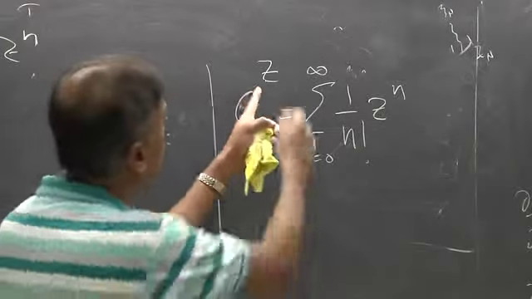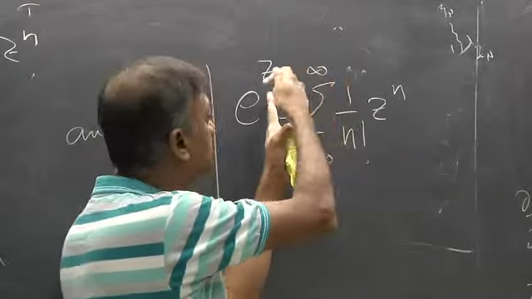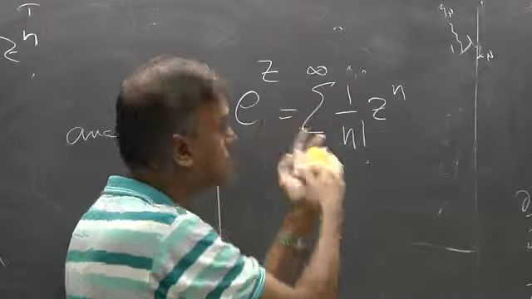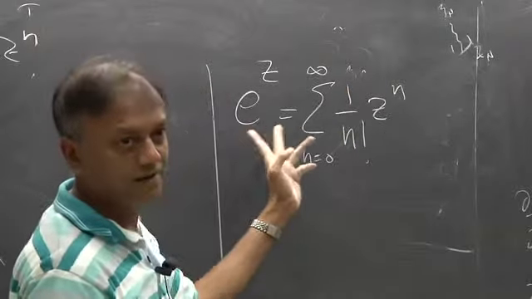Right? I mean, you have seen it for the real x, right? But you use the same definition, right? So this is by definition that. Okay? This is, let's say, a symbol for that.